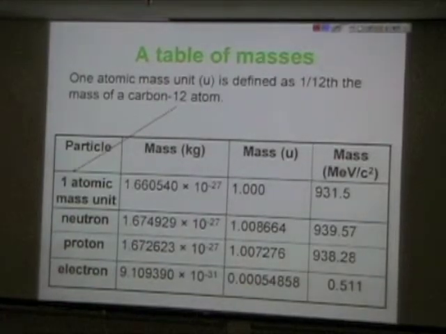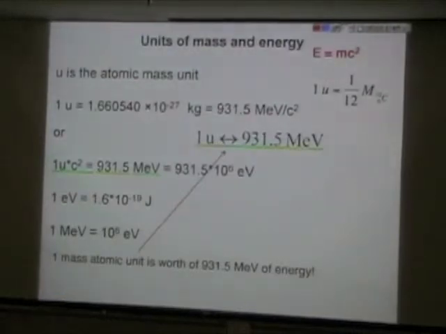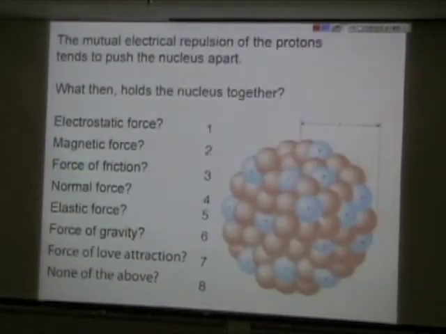Now, using atomic mass units, calculations usually are easier. This is just a list of possible conversion factors. So one atomic mass unit times c squared gives 1.5 times 10 to the minus 10 joules.